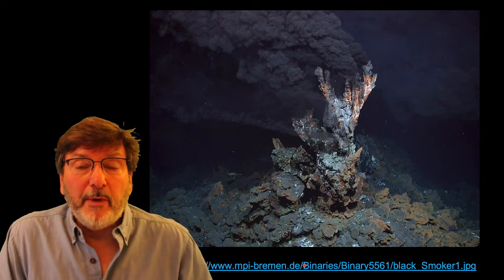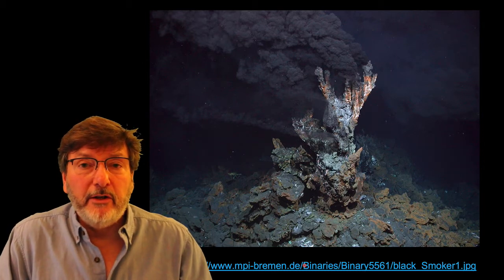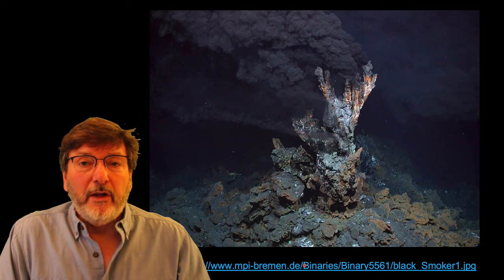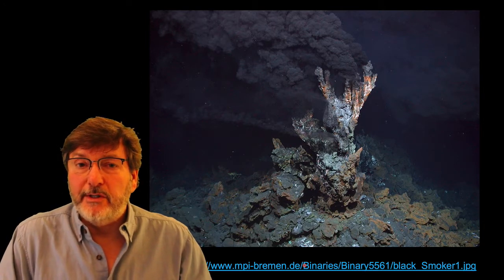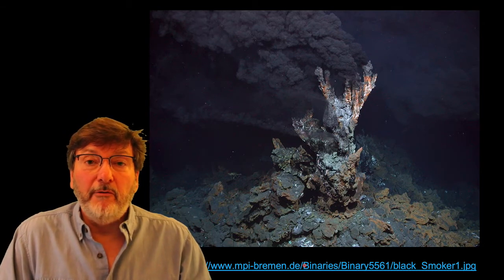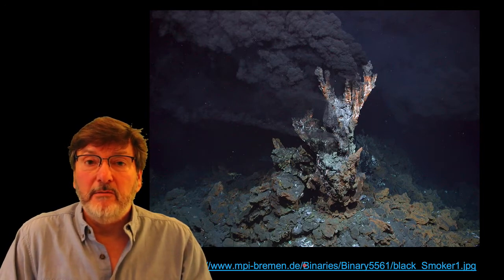This is the type of black smoker they actually found on the seafloor. It looks like a very irregular, knobby, distorted chimney with black smoke coming out of the top. Again, the black smoke is just little particles of sulfide minerals like pyrite. A very otherworldly kind of picture that they found.